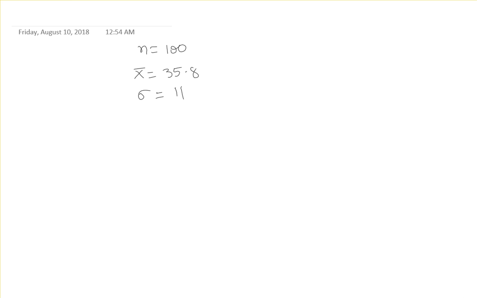For 90%, Z will be 1.645. Now you can easily find SE is equal to sigma upon root n, that is 11 upon root 100, that is 11 upon 10.